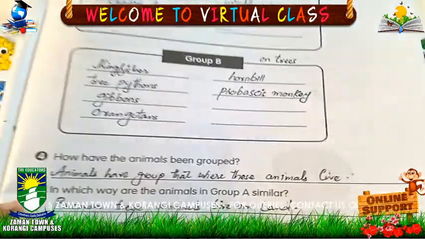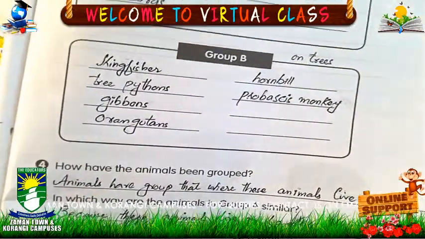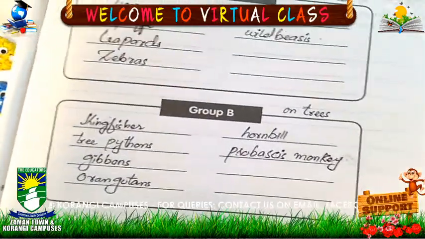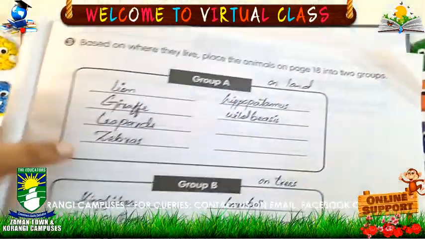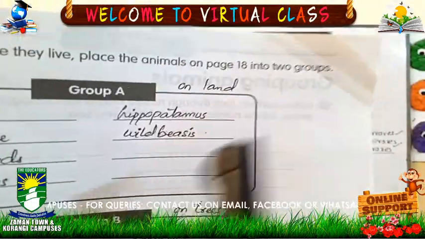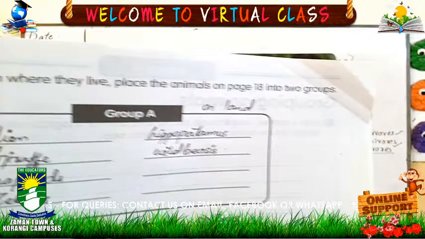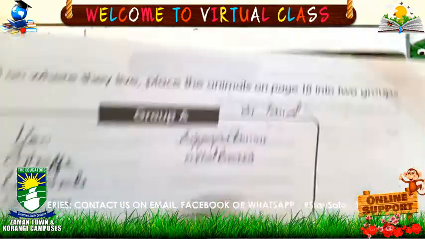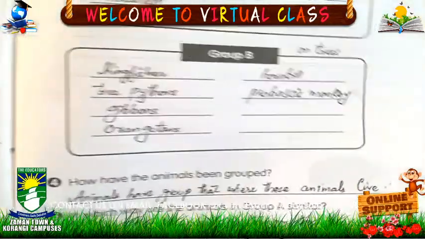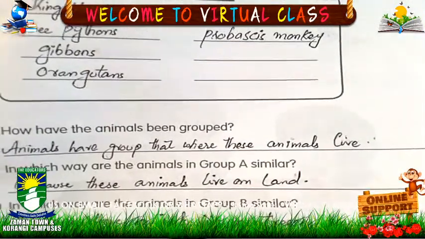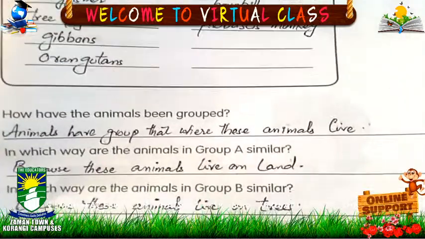Number 5, in which way are the animals in group A similar? Now, why did we make a group for the animals available in group A? Because these animals used to live on land. So, the similarity among all these animals is that they used to live on land. Now, number 6. In which way are the animals in group B similar?